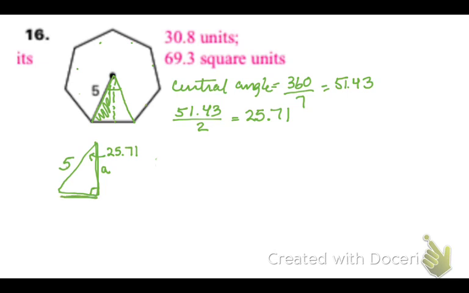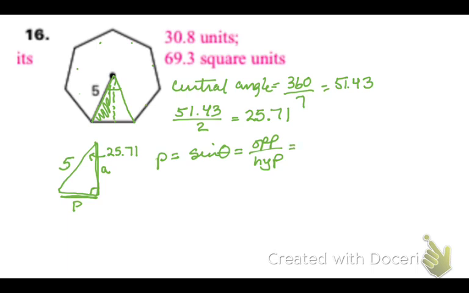So we'll call this guy little p. Okay, so sine of theta is equal to the opposite over the hypotenuse, because remember we need to know that for the perimeter.